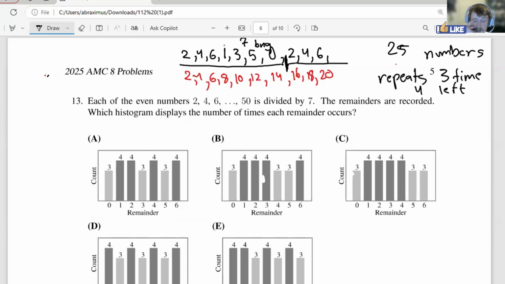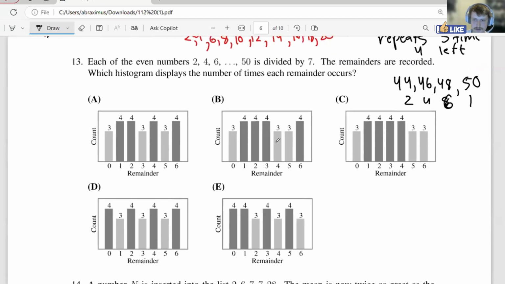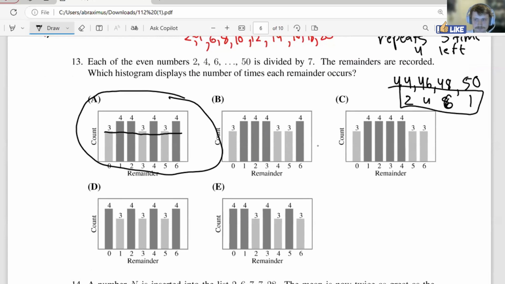Those are going to be 44, 46, 48, and 50, and the remainders are going to be 2, 4, 6, and 1. So I think that should come out to A. We have a baseline of 3, but these 4 get 1 extra.